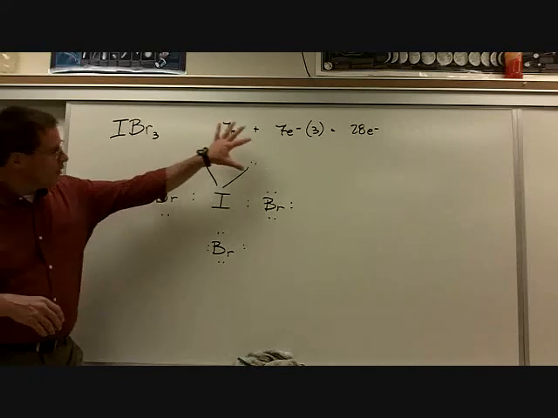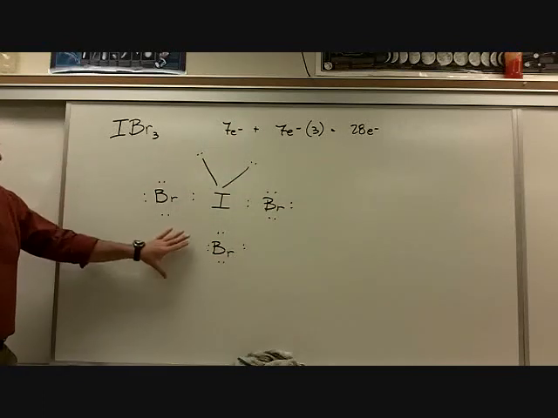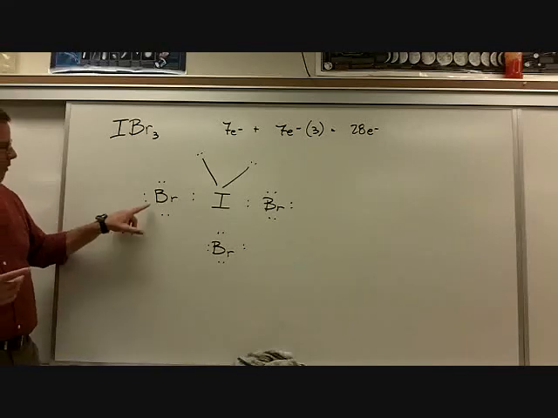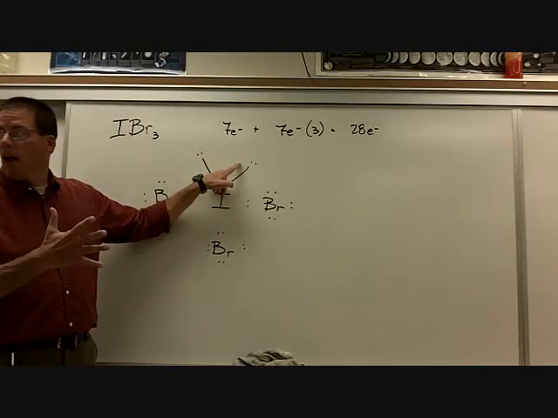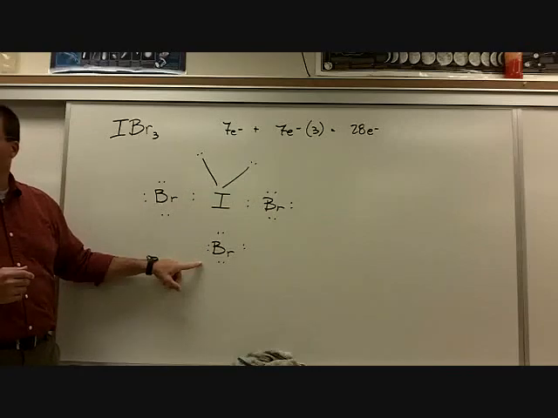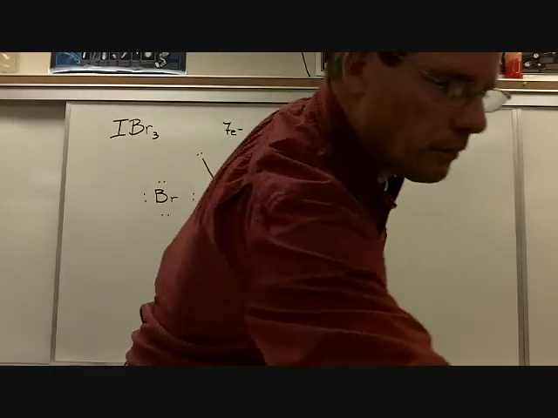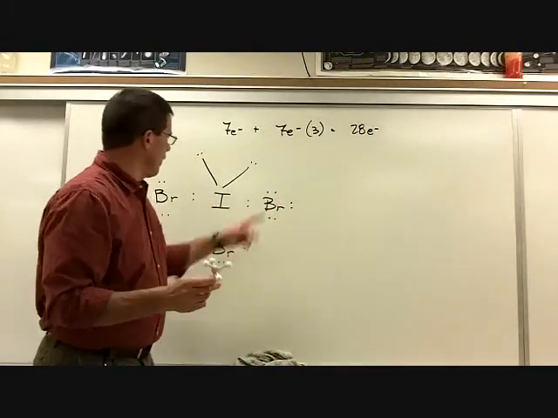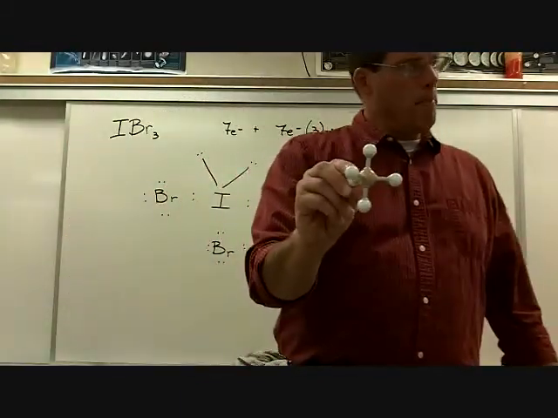So when we look at this, this is what our shape looks like. What's the potential for this molecule? 5. In other words, I have 3 external atoms plus 2 lone pairs, so my potential is 5. What shape does this form? Just the atoms alone. T-shaped planar. Very good. So if we had, say, 2 more bromines, we'd have a trigonal bipyramidal shape.